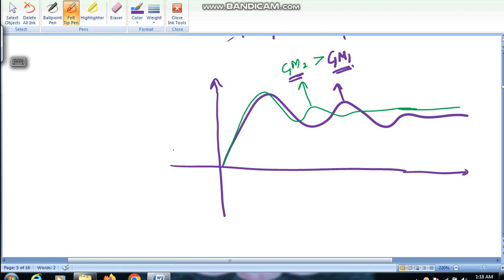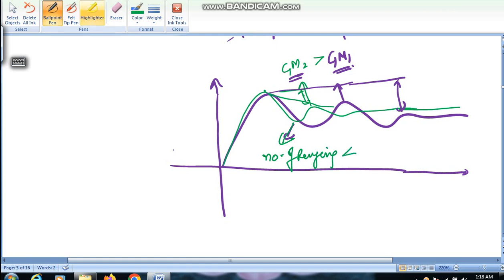If gain margin is high, settling is fast, this attenuation is fast, and if gain margin is low, the attenuation is slow. Here the number of ringings in green, where gain margin is high, is less than the number of ringings where gain margin is low.